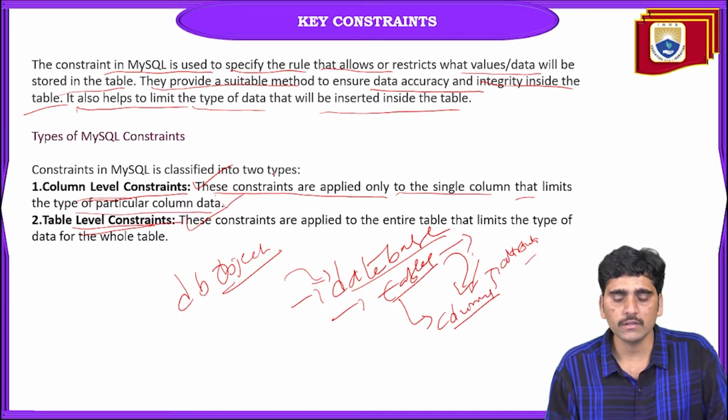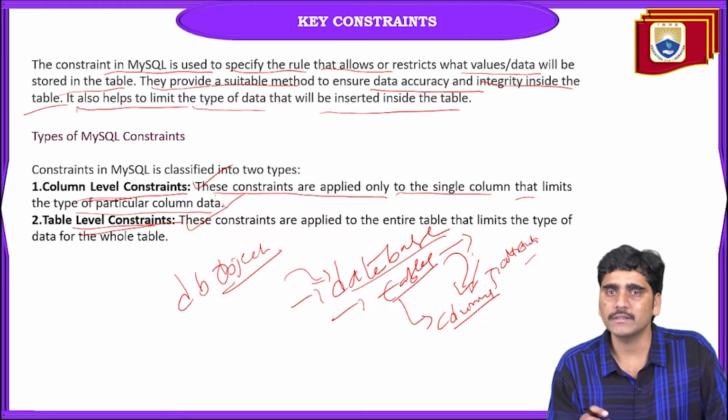That means column level constraints are applied to a single column in the table. You can apply a condition or specification or limit to a column in the table, not all the columns, only a single column.